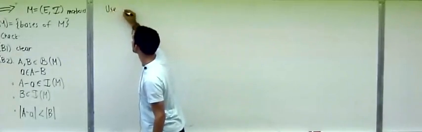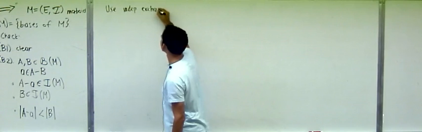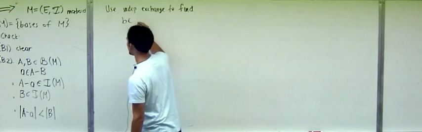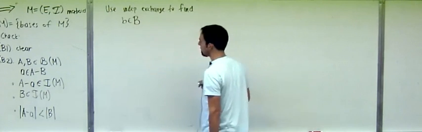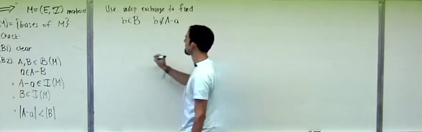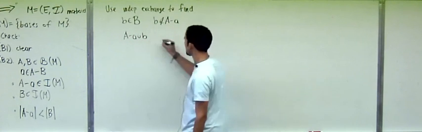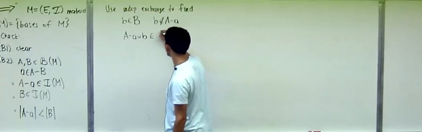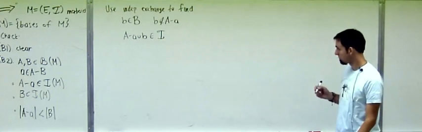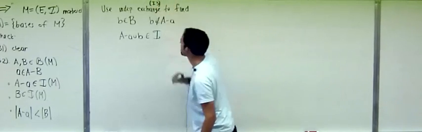So I use independence exchange to find an element b, which is in B, b is not in A minus a, and A minus a union b is independent. Right? This is from axiom I3 of a matroid, independence exchange.